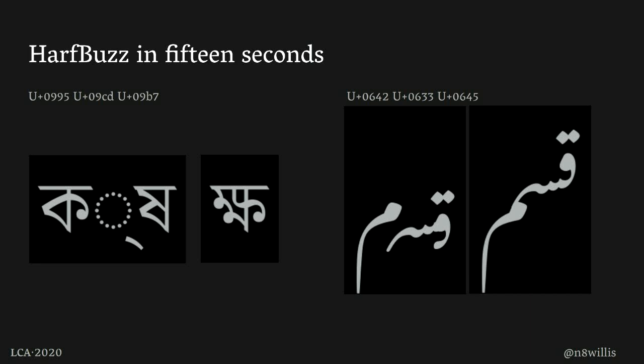So on the left there you see Bengali, and if you just naively took the Unicode values from the font file and put them on screen, you would get the image on the left, which has this dotted circle that isn't real, when in reality they're supposed to combine together into this other character. And then on the right here is an Arabic example. As you probably know, Arabic is like cursive, it's a connected script. And so making sure those things actually connect is not something you want to have to do manually yourself. HarfBuzz does that for you.